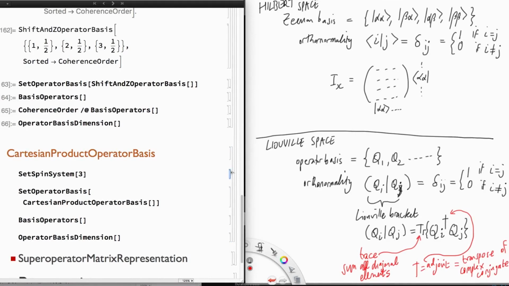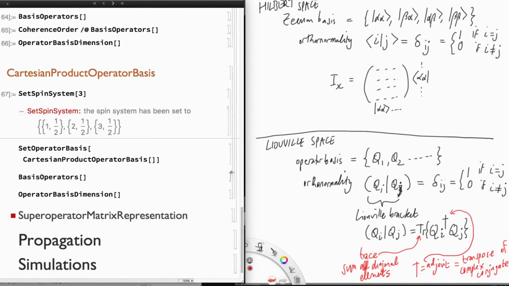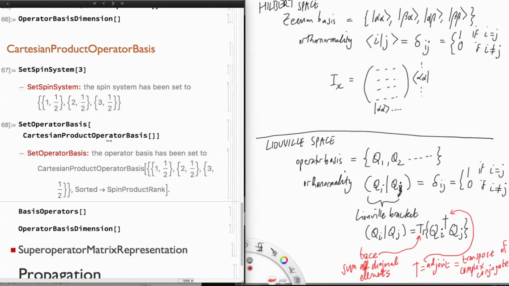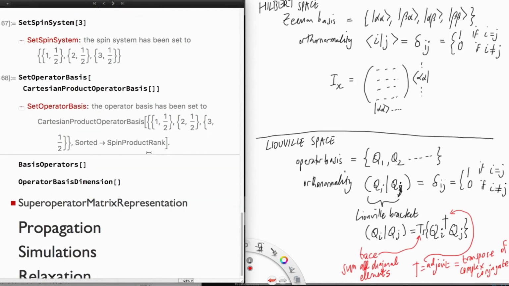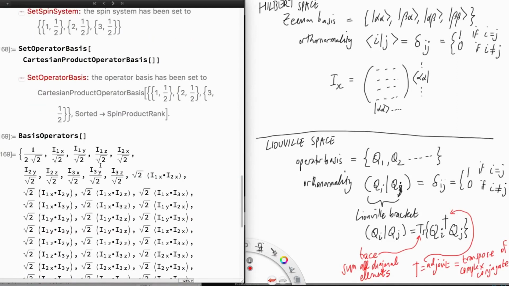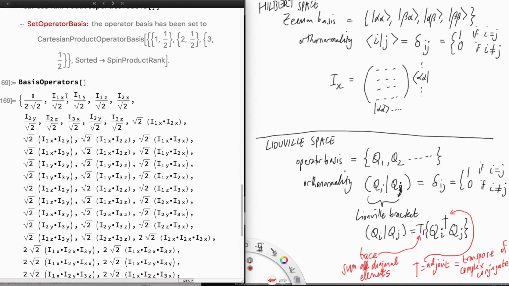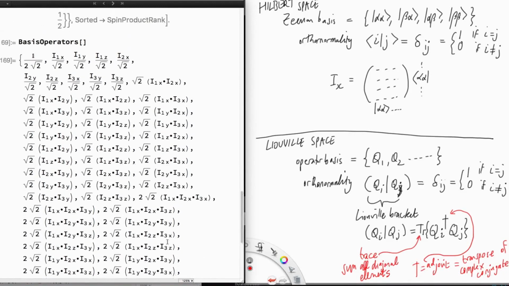So again, we have a 3-spin system. This time we ask for the Cartesian product operator basis. And this time by default, there are different options, but by default it's been sorted not by coherence order but by the spin product rank, which is maybe easiest to see by example. These are the basis operators for the Cartesian product operator basis.